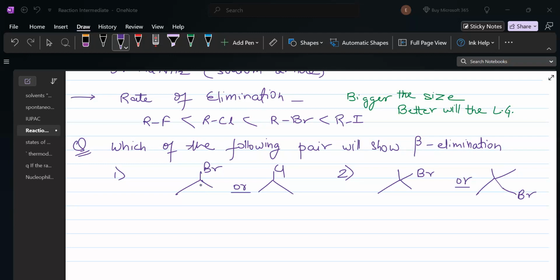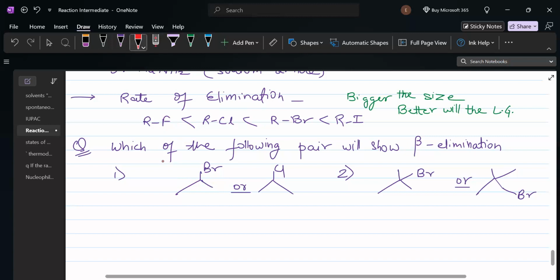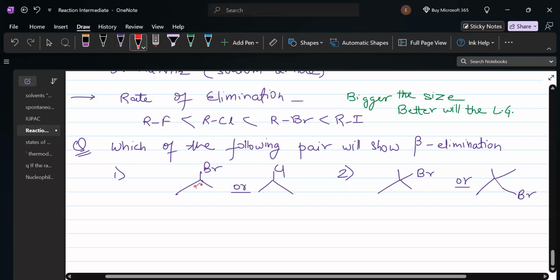So tell me, how many alpha carbons can you see here? One, yeah, only one alpha carbon here.